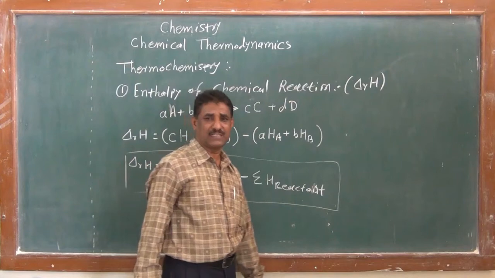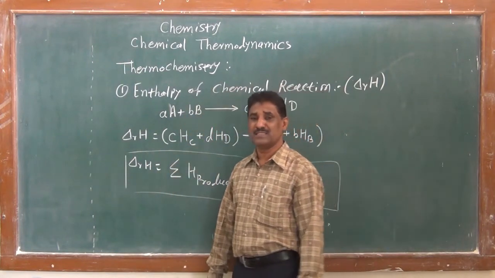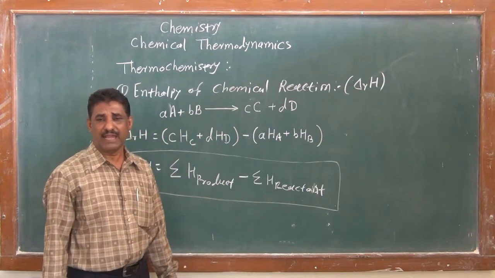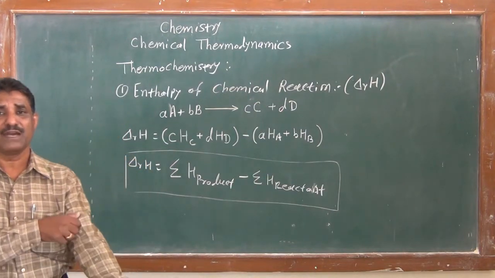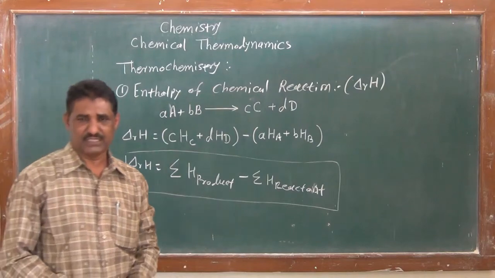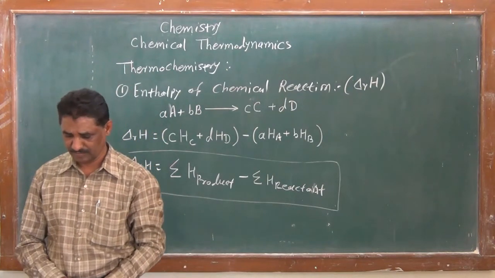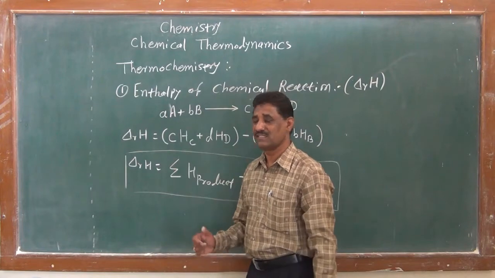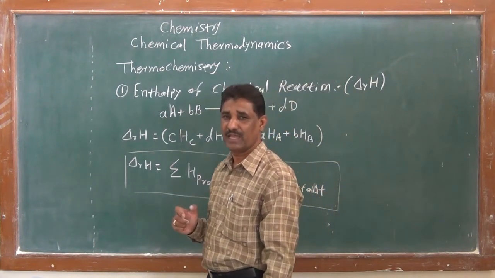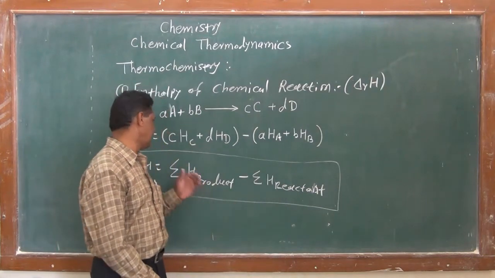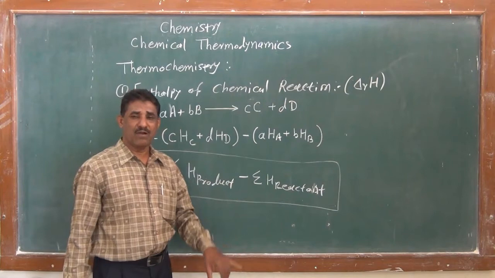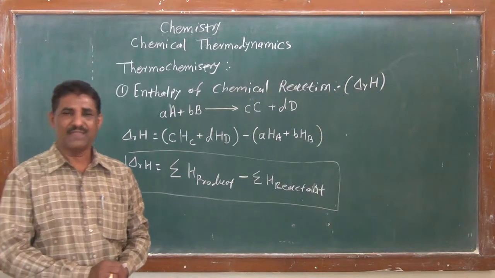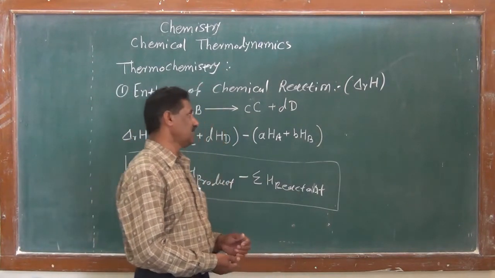Enthalpy of reaction is the difference between the sum of enthalpies of the products and the sum of enthalpies of the reactants, with each substance in a definite physical state, and the amounts represented by the coefficients in the chemical reaction.